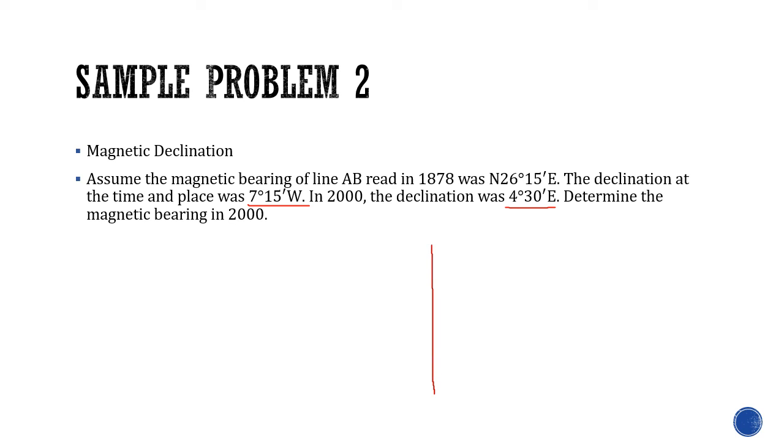Let us make it smaller and more realistic. So this is the old. This is the new. Class, this one is 7 degrees 15 minutes. This one is 4 degrees 30 minutes.